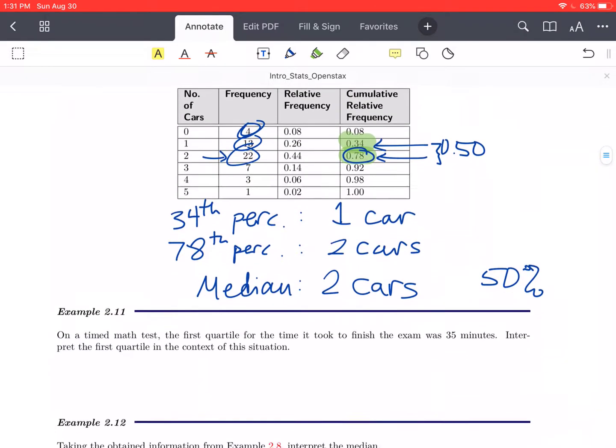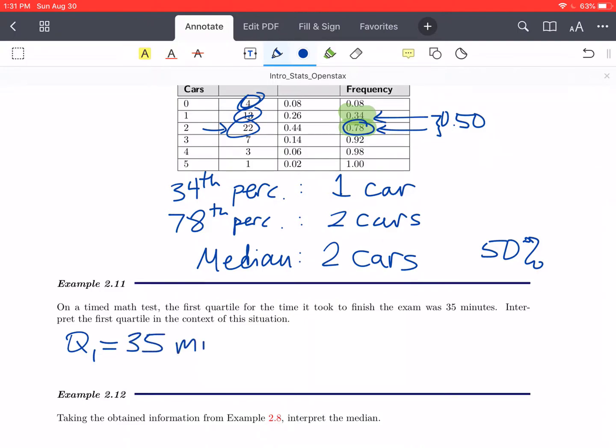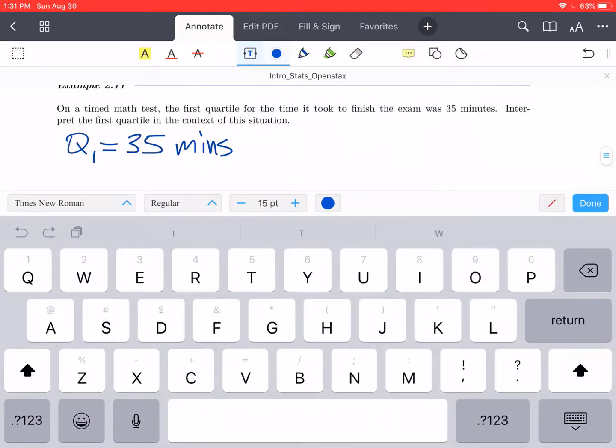Okay, let's look at another example. On a timed math test, the first quartile for the time it took to finish the exam was 35 minutes. Interpret the first quartile in the context of this situation. So we have Q1, the first quartile is 35 minutes. So what does this tell us?